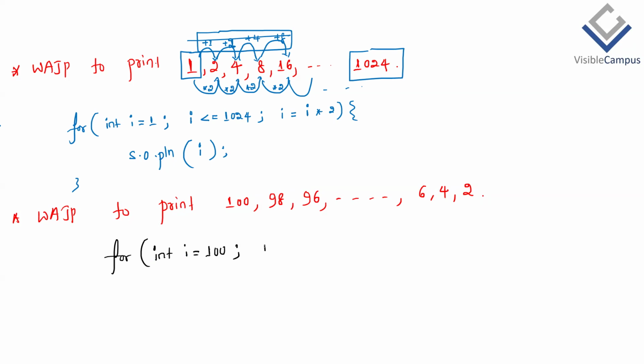Next, i should be greater than or equal to 2. The next, i = i - 2. Then print the i value.